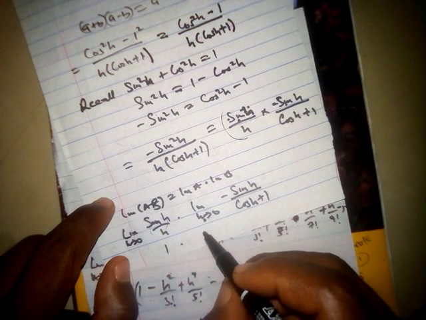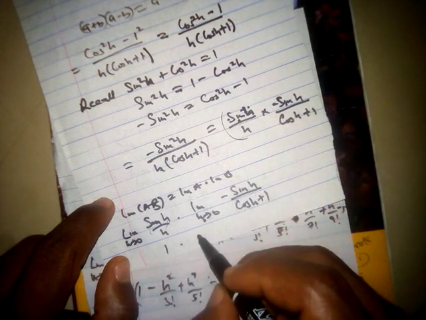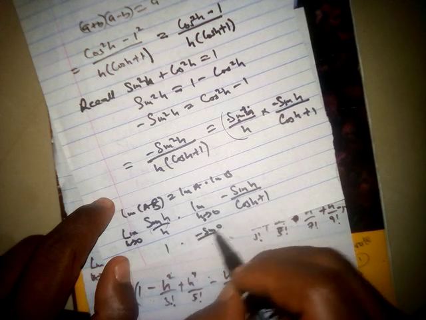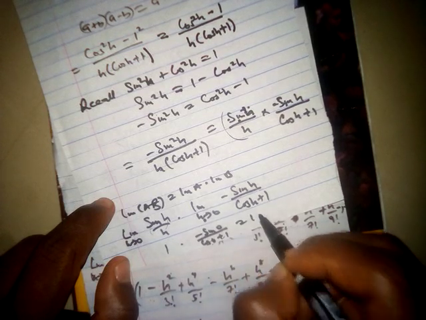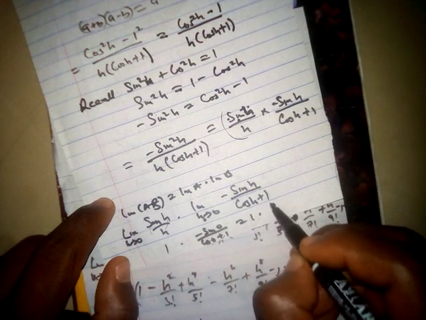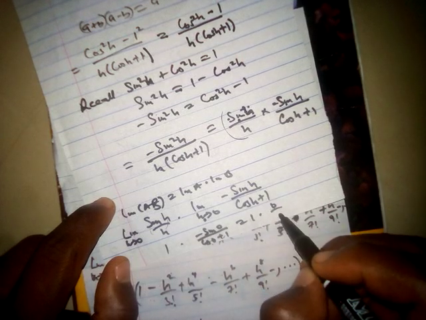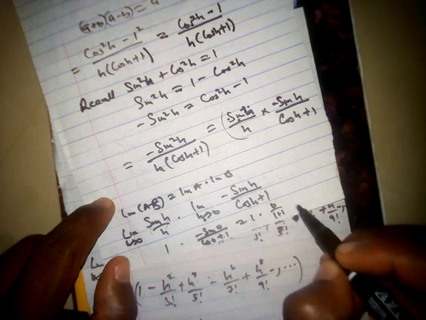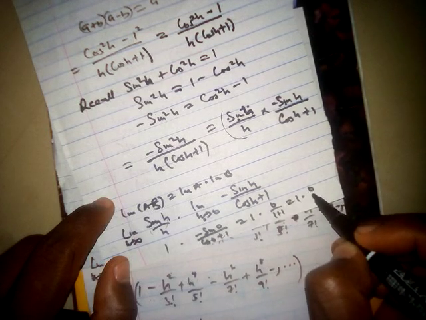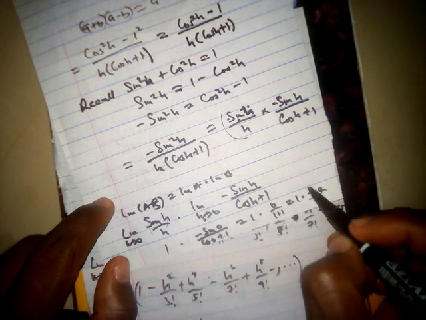So this is 1 times, now for the limit of this, anywhere you see h, put 0. So this becomes minus sine 0 all over cos 0 plus 1, which is equal to 1 times: sine 0 is 0, minus times 0 is 0, all over cos 0 is 1, 1 plus 1 is 2. So this is 1 times 0 over 2, which is 0.